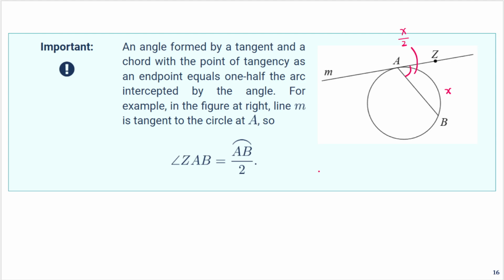This is the same name we give to an angle between two chords that share an endpoint. Measures of both types of angles equal half the measures of the arc they cut off. So this angle here is also called an inscribed angle, because it also equals half of the corresponding arc, right?